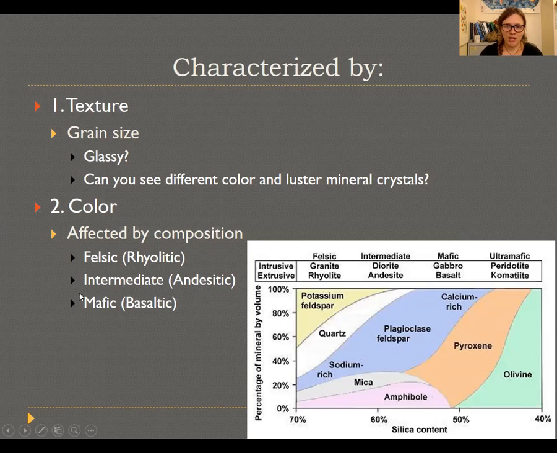On the other end of the spectrum, we can have mafic rocks that are made up of mafic type minerals. Mafic rocks might be something like basalt, which is a rock formed from lava flows, or gabbro, which is a rock that's formed underneath the earth like granite, but it has a much darker coloration than granite.